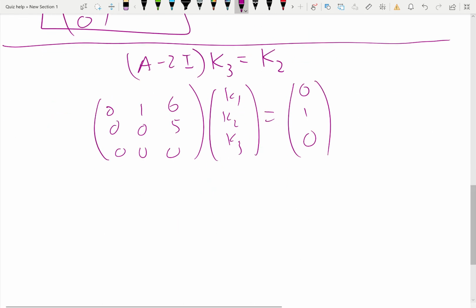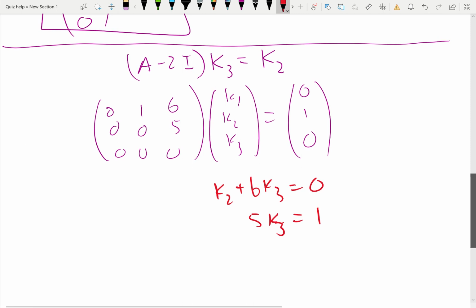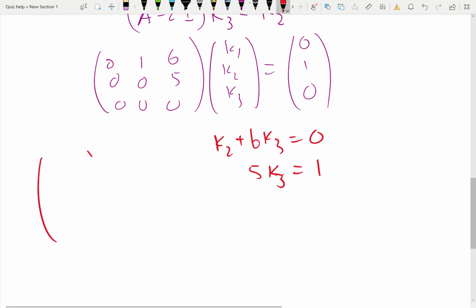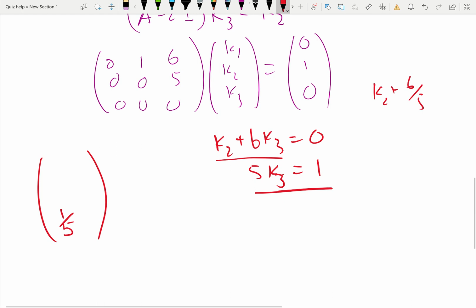Here again no need for Gaussian elimination. The 2 equations will be K2 plus 6K3 equal to 0 and 5K3 is 1, my bad. So K3 is 1 over 5. That means K2 plus 6 over 5 is 0, so K2 is negative 6 over 5.